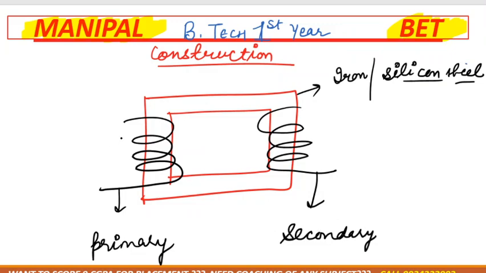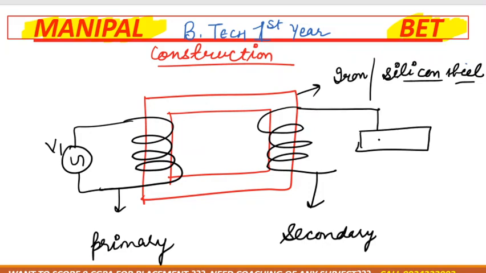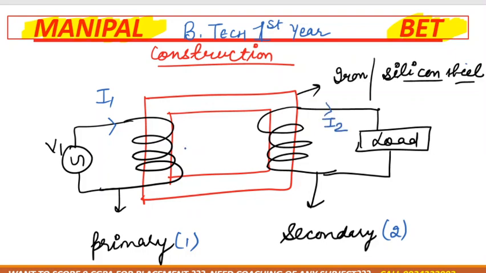In this we apply a voltage, that is V1. Here it is connected with the load, that is a motor. Here the current I1 is flowing. All primary side quantities are denoted by 1 and secondary side by 2. So here I1 is there, here I2 is there, here the number of turns is N1, here the number of turns is N2.